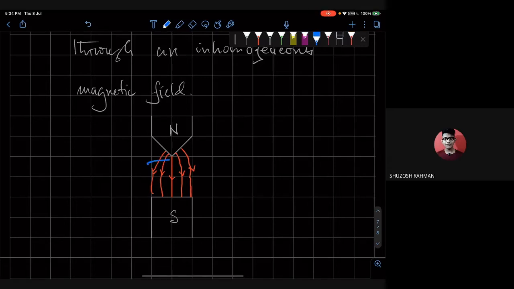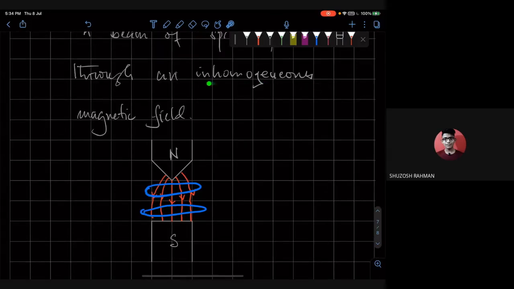In that region the density of the field lines is higher than in this region, and therefore the magnetic field is more intense near the north pole than near the south pole. So as you go up, the strength of the magnetic field is increasing, and therefore it's an inhomogeneous magnetic field.